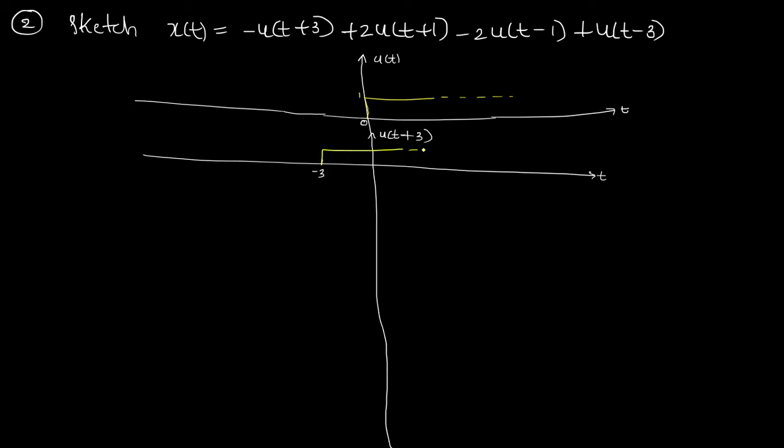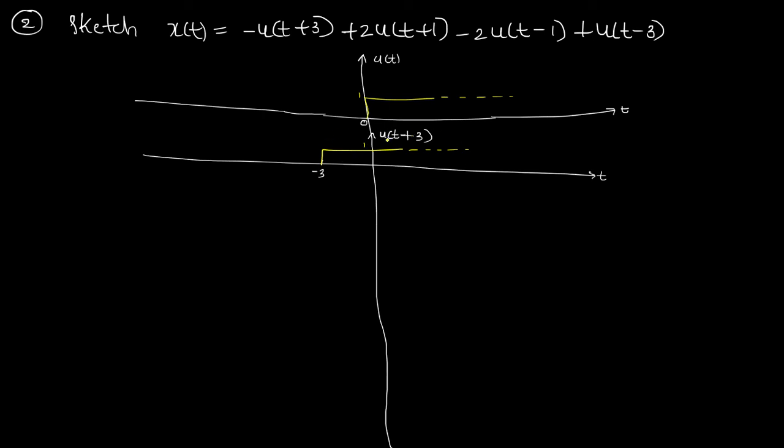Dotted lines will be there because the line goes up to infinity. So only this 0 will be shifted to minus 3 and the right hand side will be going up to infinity only. No change in that. Amplitude is 1. Now this is u of t plus 3.